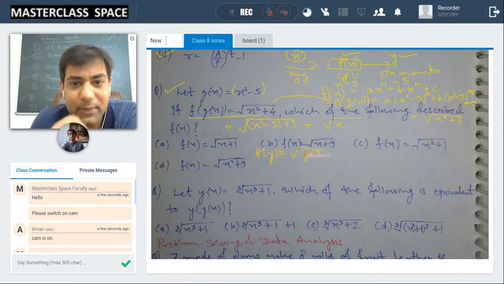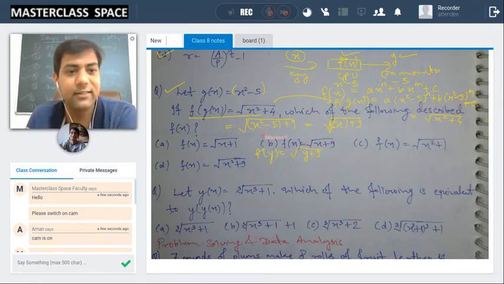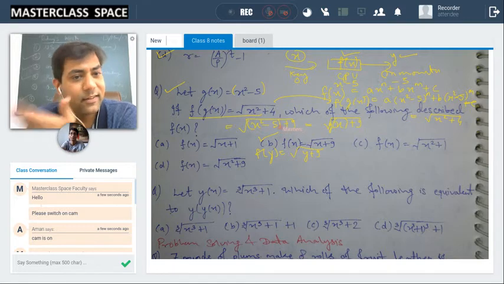So in place of y, you are putting x squared minus 5. And that's all. I mean, this is g(x) plus 9. Then f(x) is what? Answer is b. Got it? This is how you do.